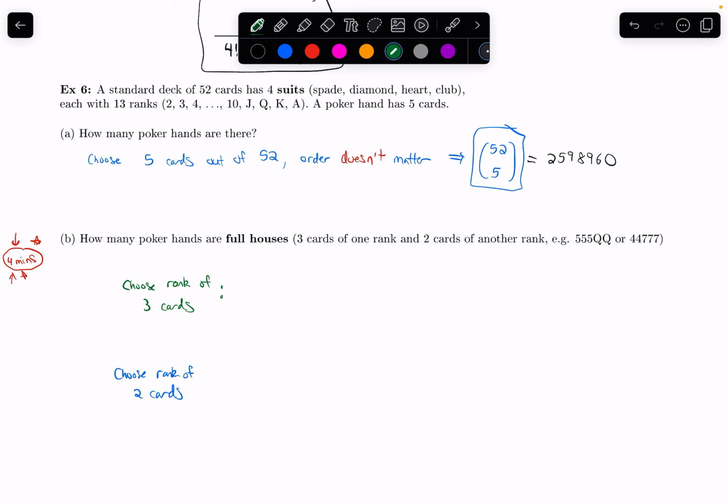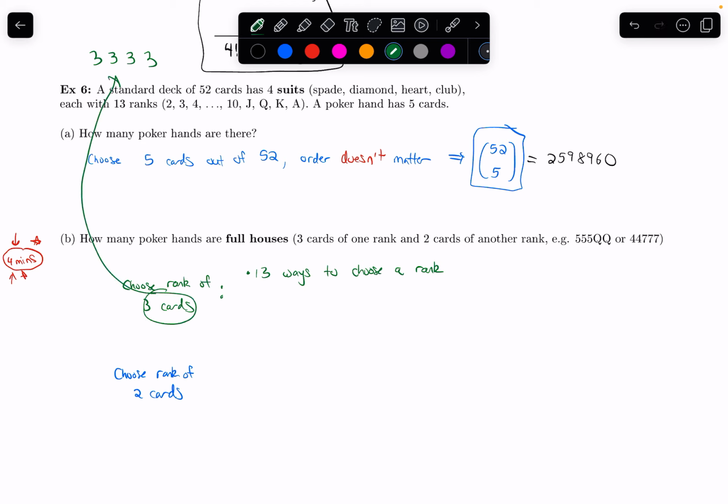So when I choose the rank with 3 cards, there are 13 total ranks. So there are 13 ways to choose a rank. I'm picking one of these 13. Okay, and then once I pick that rank, let's say I pick the 3 as the rank, there are 4 total 3s because there's 1 in each suit.